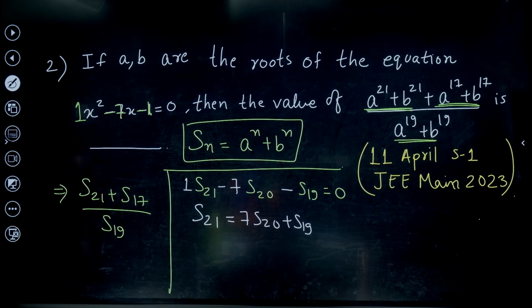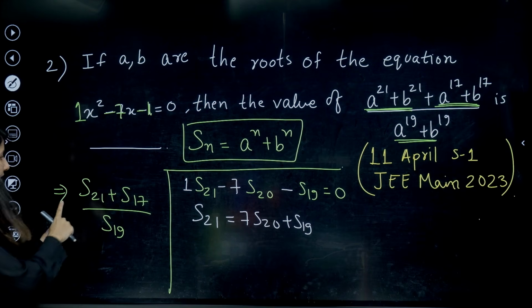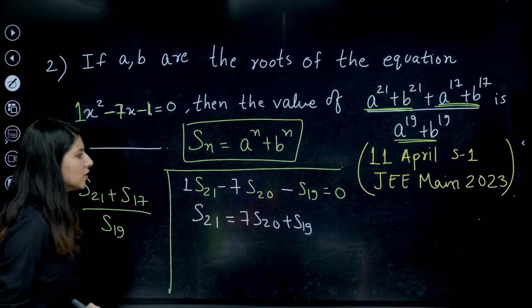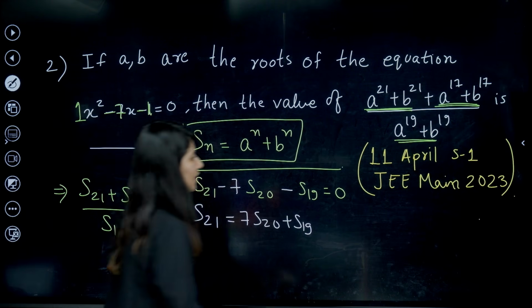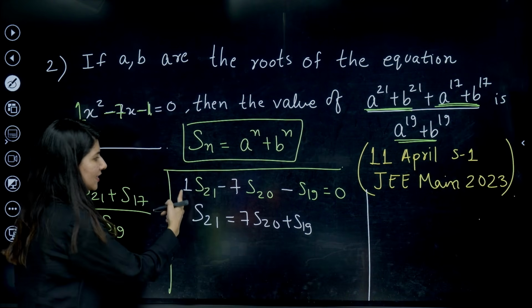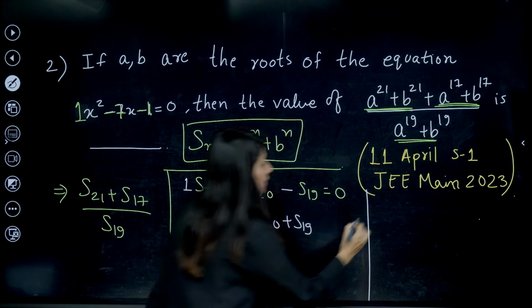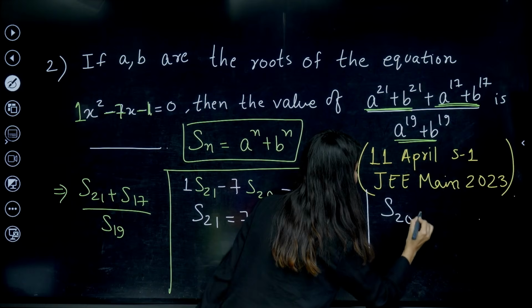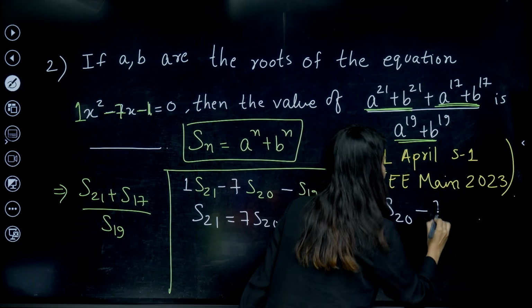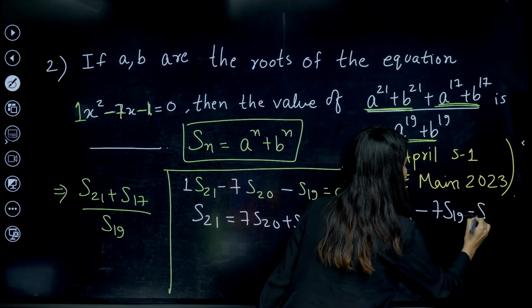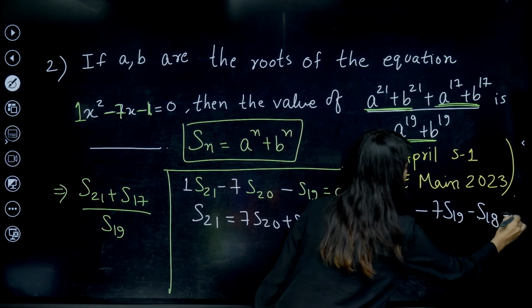So we can put the value over here, right? We can replace S21 by this. But one more step we can do. Similarly, S20 minus 7S19 minus S18 is equal to 0.